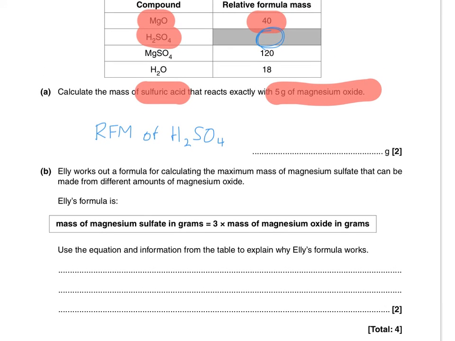If we look at the information from the table, we've got 120 here and 40 here, so that should be a clue as to the 3 times. Then we've just got to express that in words. Use these values and express it in words, and then we're pretty much done. And that's the end of that one.